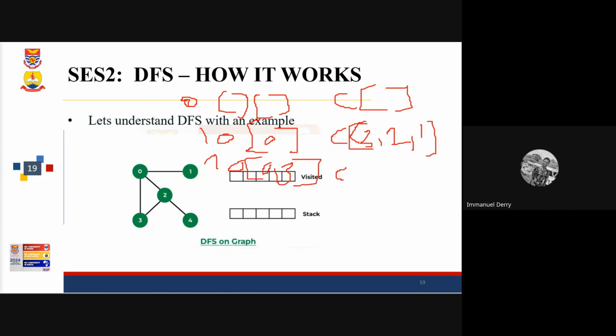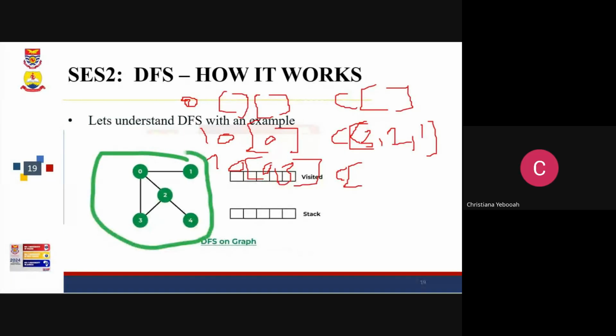When we explore 3, what other nodes can we visit? Looking at the graph, it's 2 and 0.